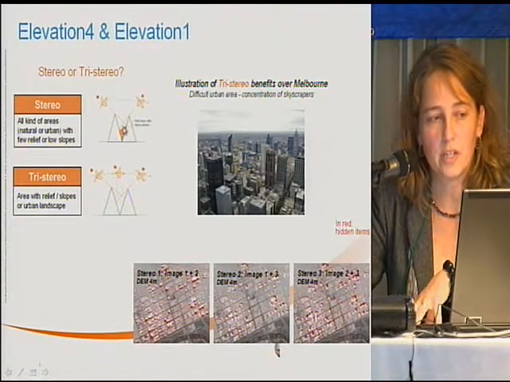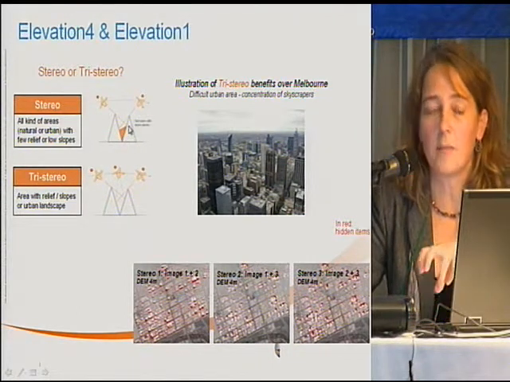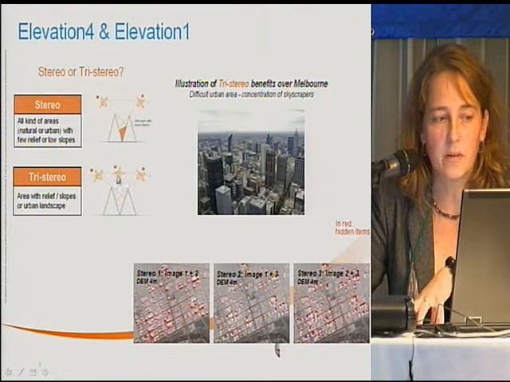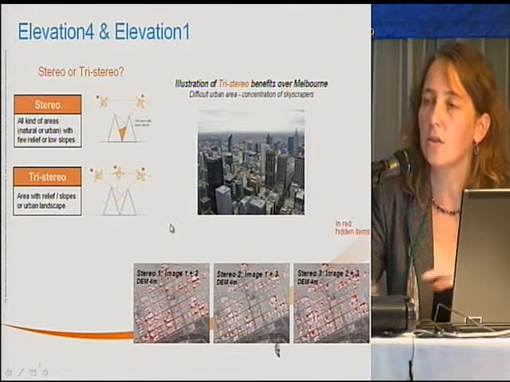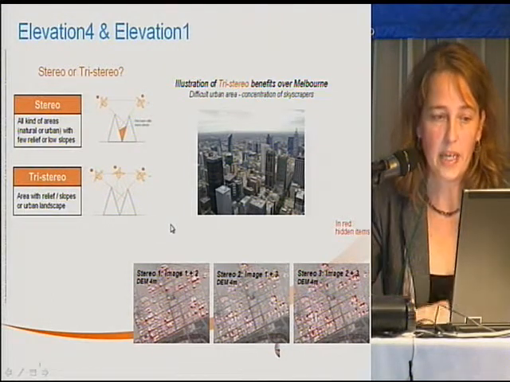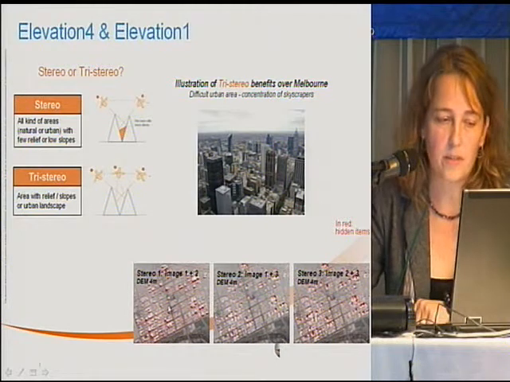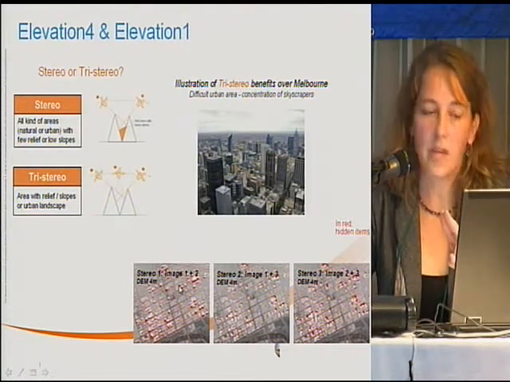If you just have 2 in this example, the orange area will not be covered or measured. If you have these 3 look directions, even in this steep valley, you can cover the area and the slope. This is shown in the 3 examples down here. We always build stereo pairs.